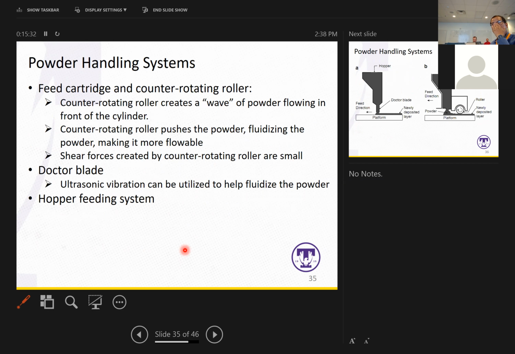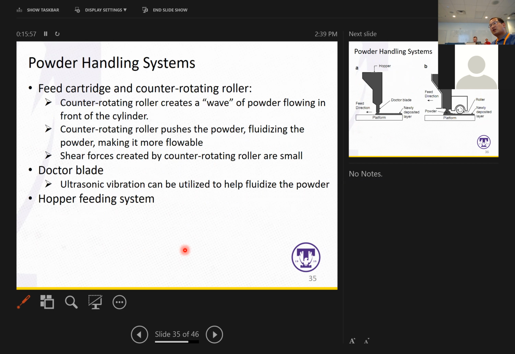So the feed carriage and the counter rotating roller will also have some problems. The counter rotating roller creates a wave of powder flowing in front of the cylinder, and the counter rotating roller pushes the powder, fluidizing the powder and making it more flowable.